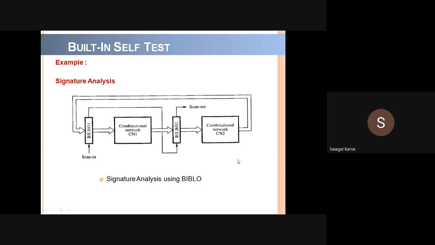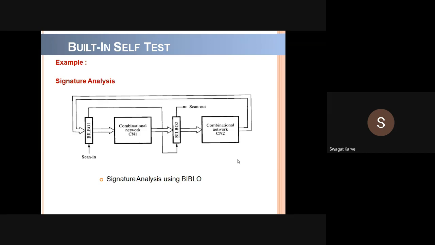Now what is this signature analysis? For the testing purpose of a particular circuit, after some predefined manual testing methods, you have simply set one group of bits, that will act as a signature. That means if any output at that particular point matches with that signature, then you can say there is no fault.